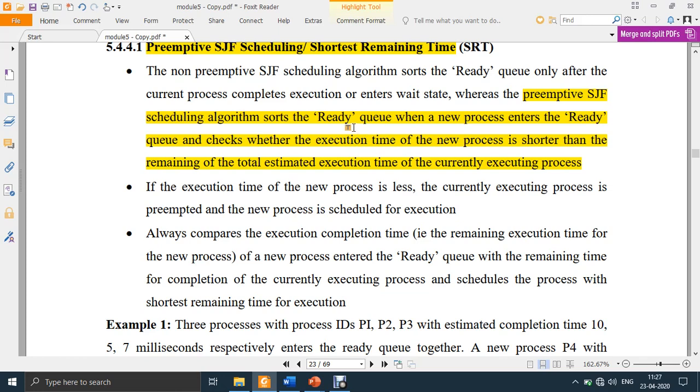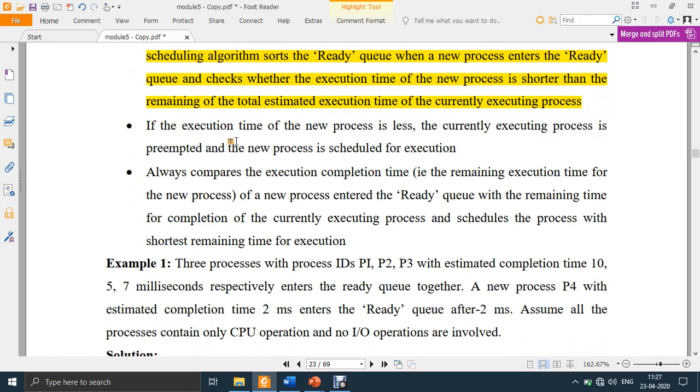Right? So it will sort the ready queue according to the shortest remaining time, the shortest estimated execution time of the processes in the ready queue, and whichever process or task has less estimated completion time will be given the first chance. Okay.